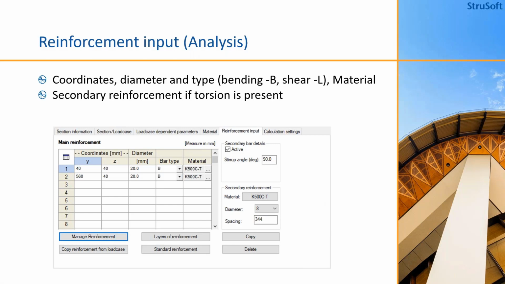So it's the longitudinal bar that we define there. And here it's also possible to define the stirrups. So we define the angle, and we also define the diameter and the spacing in the element that we are looking at.